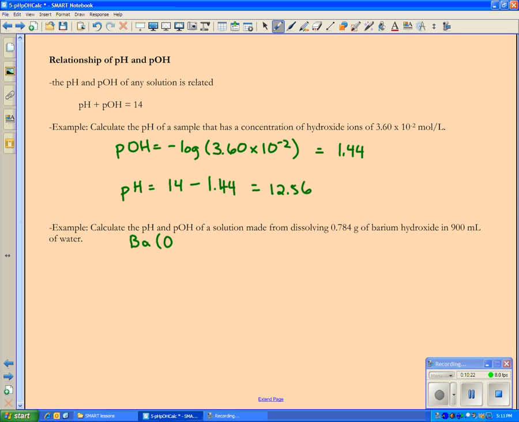Barium hydroxide is one barium ion and two hydroxide ions. So when this dissolves in water, we will end up with one barium ion, that's 2+, and two hydroxide ions that each have a charge of -1. The 0.784 grams is the mass of the barium hydroxide compound that we started with.